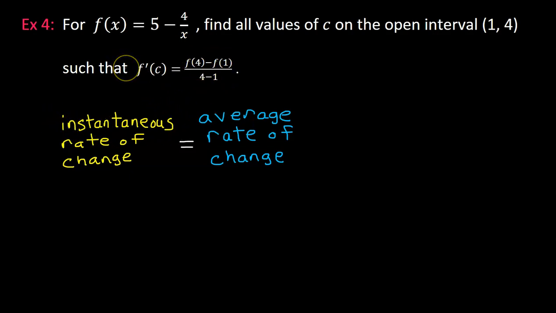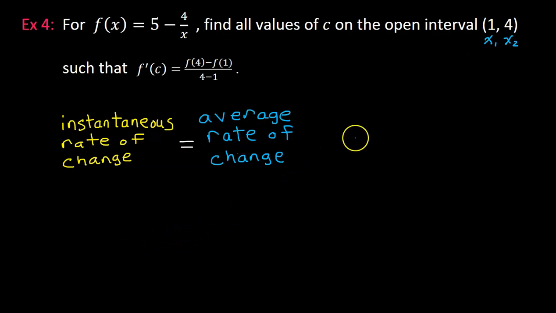When you see f prime at c, that's the instantaneous rate of change. And when you see this slope formula, this is just y minus y divided by x minus x, where this is like x1 and x2. Then this will be the average rate of change.